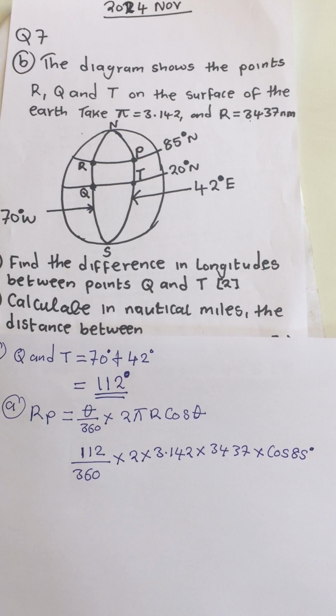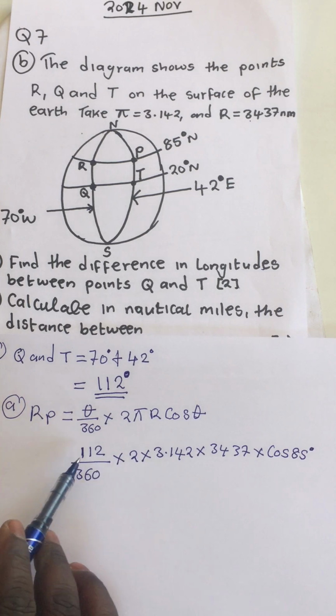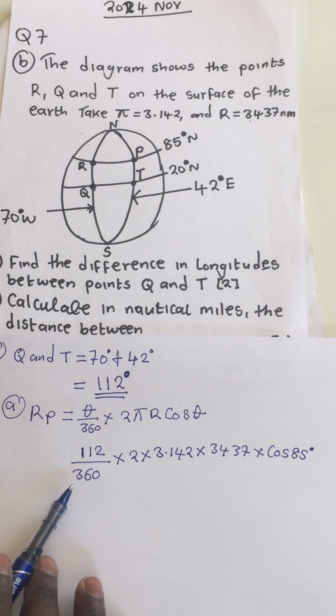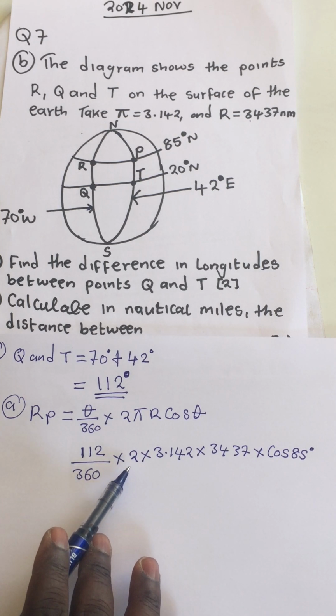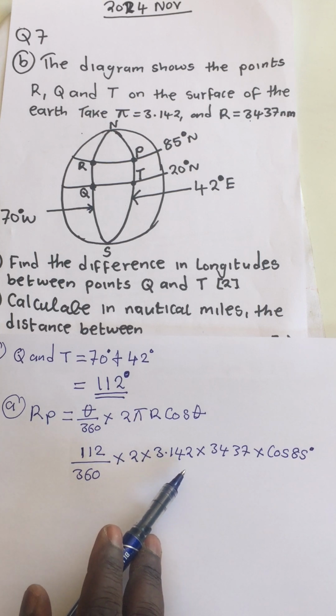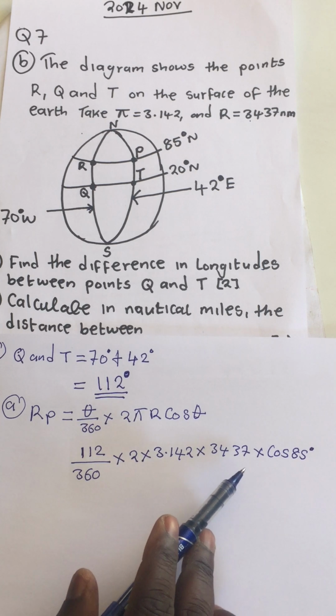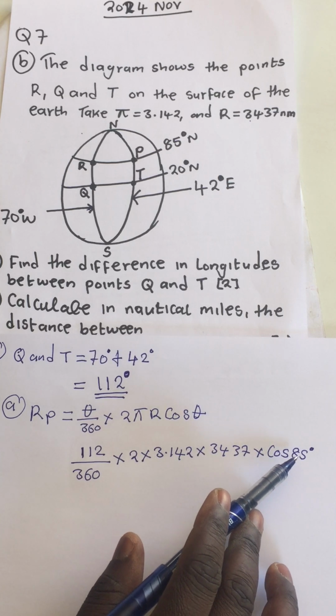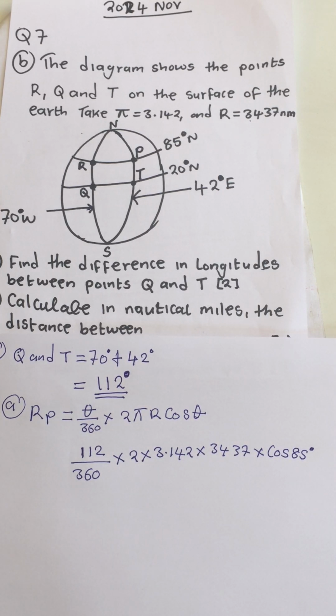Then you get your calculator, you punch 112 divided by 360 times 2 times 3.142 times 37 times cos 85. What do you get?